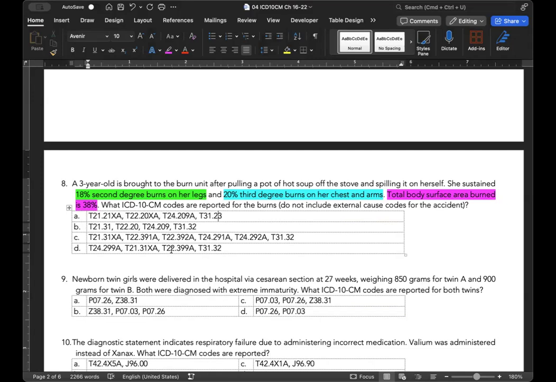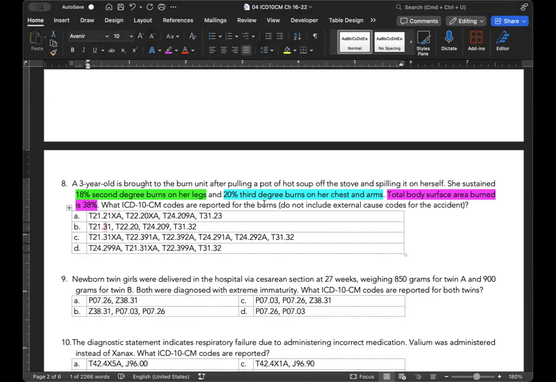Now, here's my trick I'm going to teach you. Your fourth digit in your burn codes is going to correlate with the degree of your burn. So T21.21XA is going to be a second degree burn. T21.31 is going to be a third degree burn.